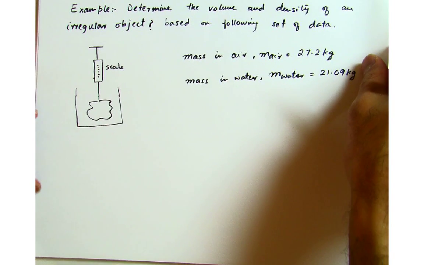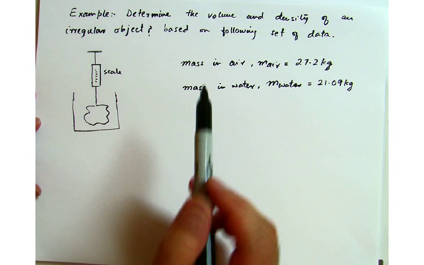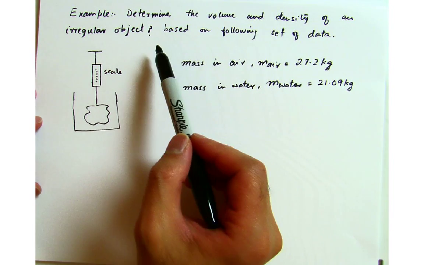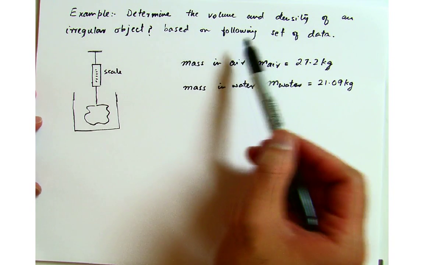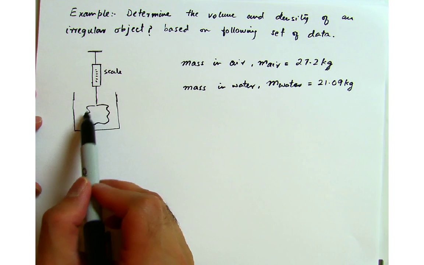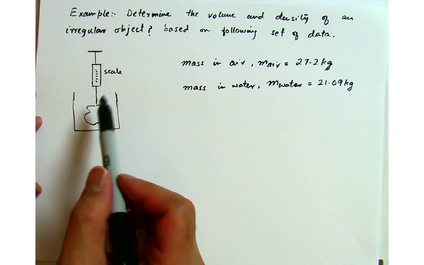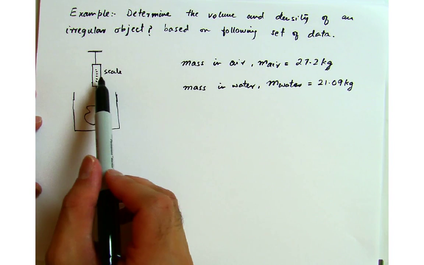Alright, let's take a look at an example. The example says: determine the volume and density of an irregular object based on the following set of data. We are trying to find the volume and the density of this irregular shape, and we have this scale.